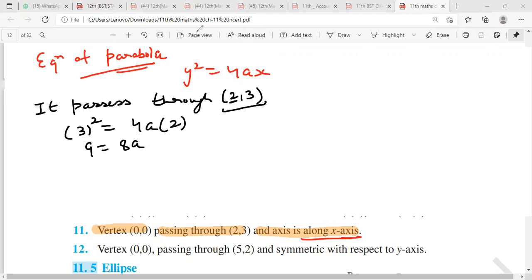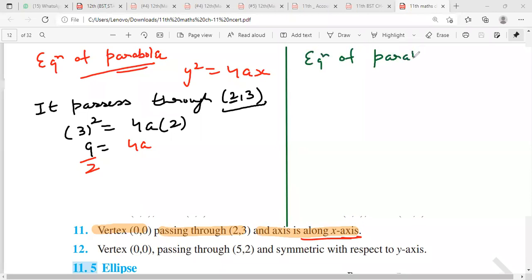I think it's better अगर आप इसको directly जो है that 4a is equal to 9/2. Directly हम 4a की वैल्यू फाइंड करते हैं. ठीक है, वो ज्यादा इजी हो जाएगा. Now equation of parabola, it is y square is equal to 4ax.